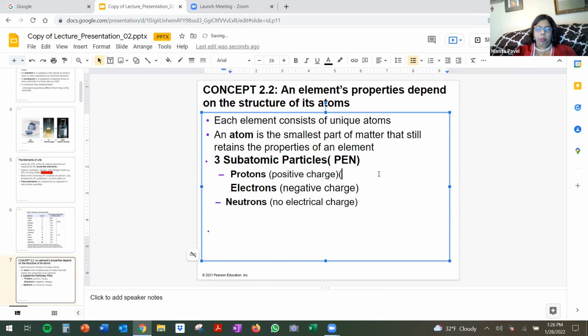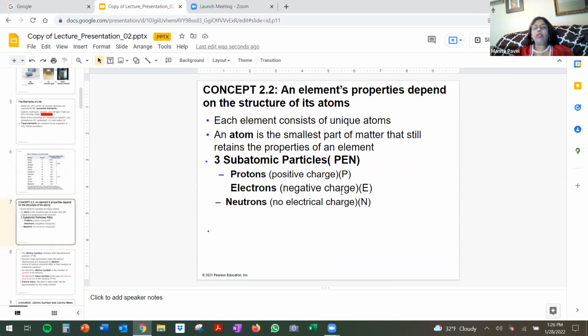P is proton, E is electron, and N is neutron. So we have protons, which are positively charged subatomic particles. Electrons are negatively charged subatomic particles, and neutrons have no charge. They have no electrical charge.